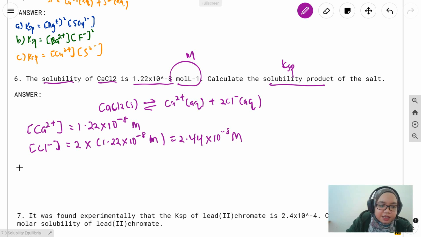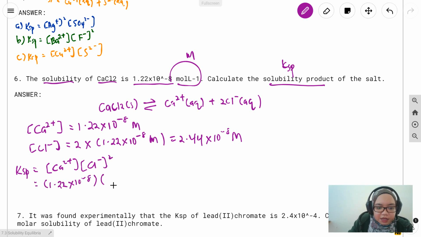So you know that KSP equals the concentration of Ca2 plus times the concentration of Cl minus squared. So it equals 1.22 times 10 negative 8 times 2.44 times 10 negative 8 squared.